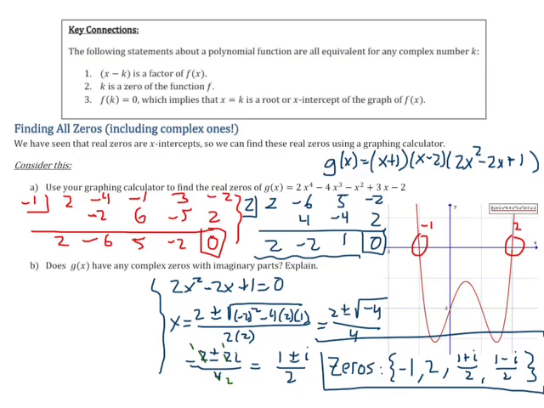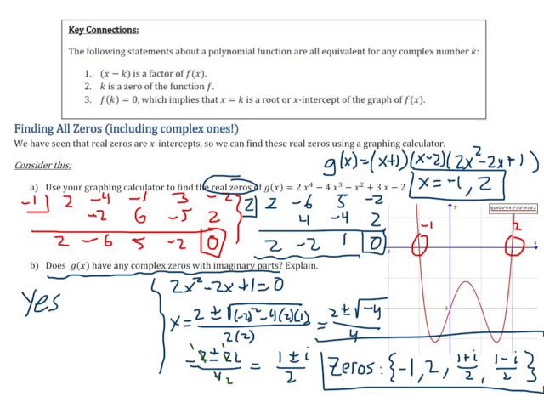Okay, now we went a little too far there. So let's back up here, read the directions carefully. Our real zeros, we found out, are x equals negative 1 and positive 2. Those are the real zeros. The question now is, do we have any complex zeros with imaginary parts? And yes, we do. And why is that?